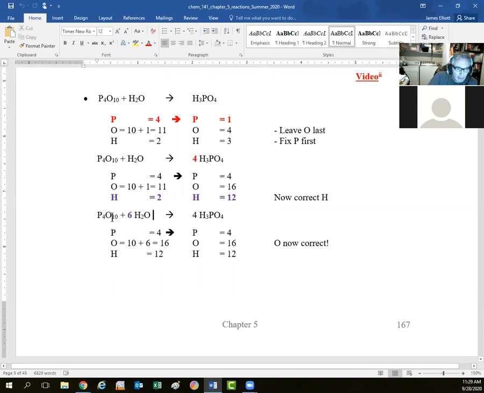So 10 oxygens plus the 1 times 6, 16, equal to the 16 oxygens on the right, 4 in each molecule, 4 molecules, 4 times more, 16. So sometimes that last element will actually balance for itself once we have taken care of everybody else.